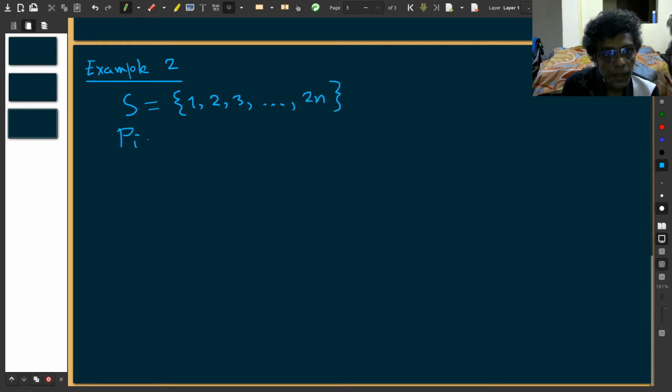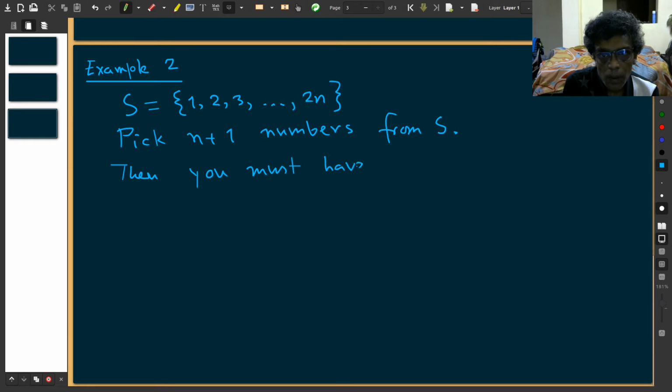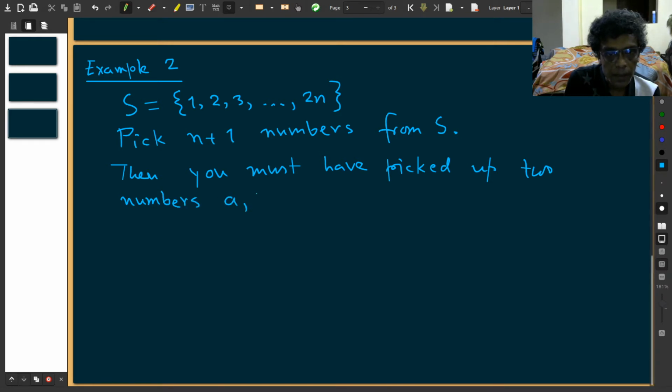And you pick n plus 1 numbers without repetition from S. Then you must have picked two numbers A and B such that A divides B. B is a multiple of A.